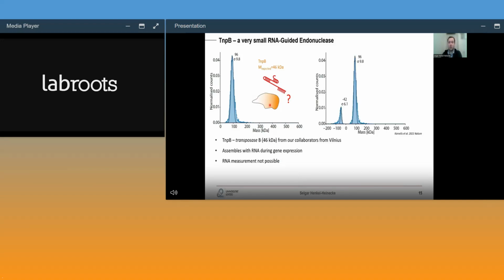And all our collaborators, later you can read this also in their publication in Nature. So what I did then to really reveal this composition, I looked at the desorption events.